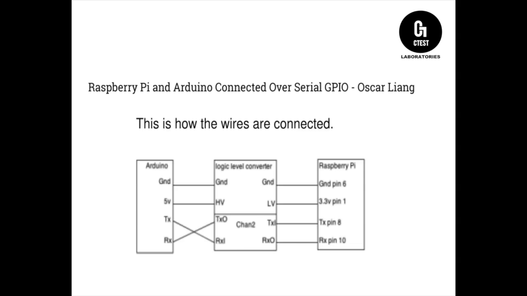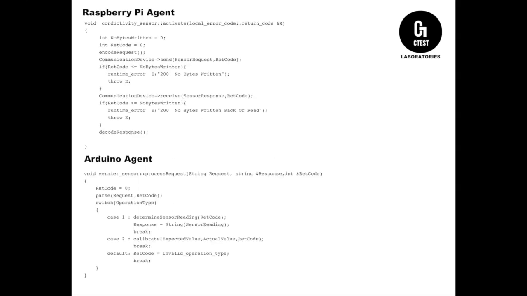Here's a simple example of the Raspberry Pi code that actually calls the Arduino code. Notice that we're using a connectivity sensor on the Raspberry Pi, and it's talking to the veneer sensor, which is a lower level method. So these are two methods right here. One method has been implemented on the Raspberry Pi.